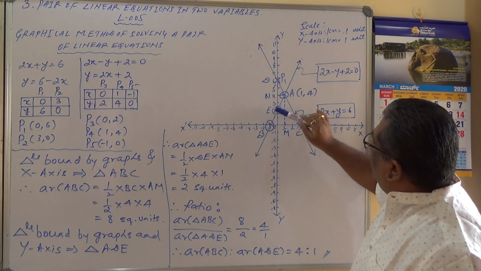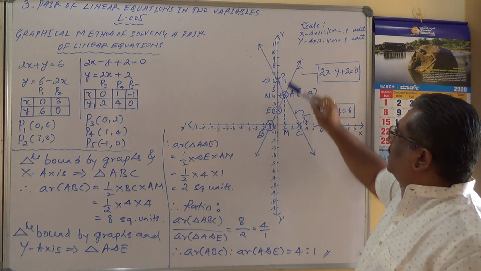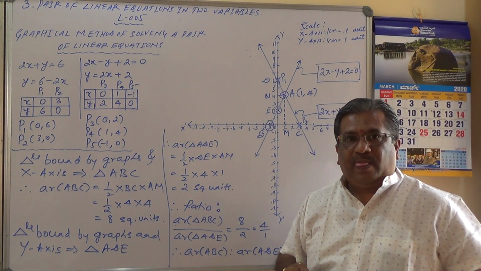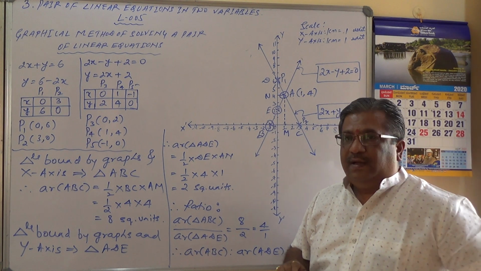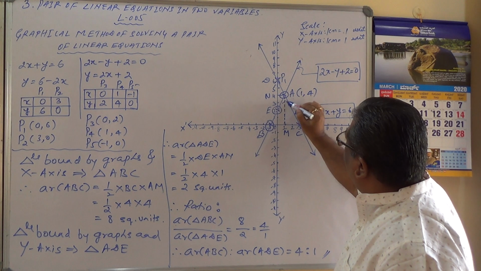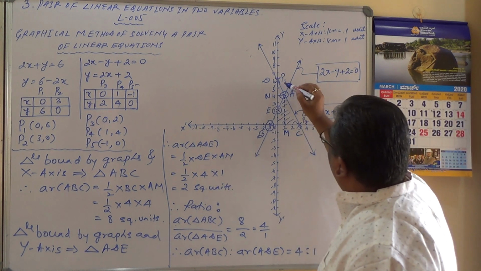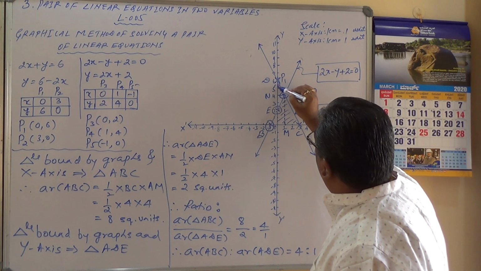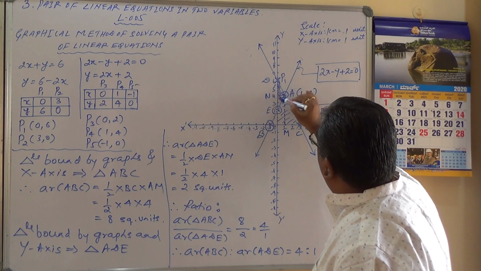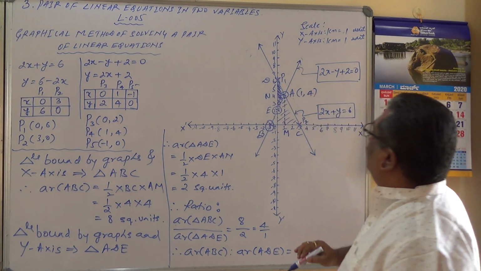A, D, E, this small triangle is the triangle formed by these two lines and the y-axis. Is it very clear? Now I can mark if you want. For example, this is one triangle and another triangle is this one. Yeah. Is it very clear?